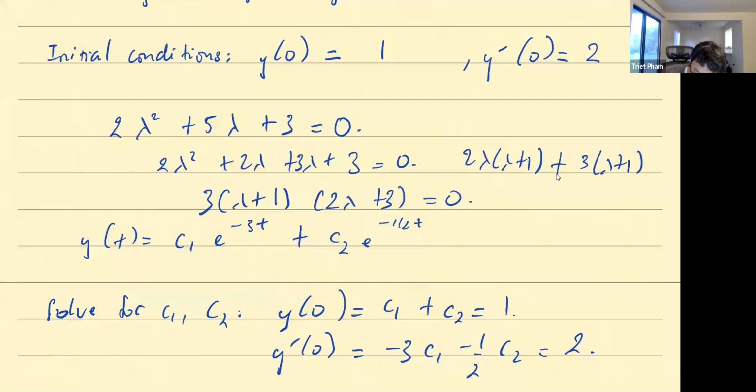So I got minus t, minus 3/2. So this is still true, but the second one would be minus c1 minus 3/2 c2.